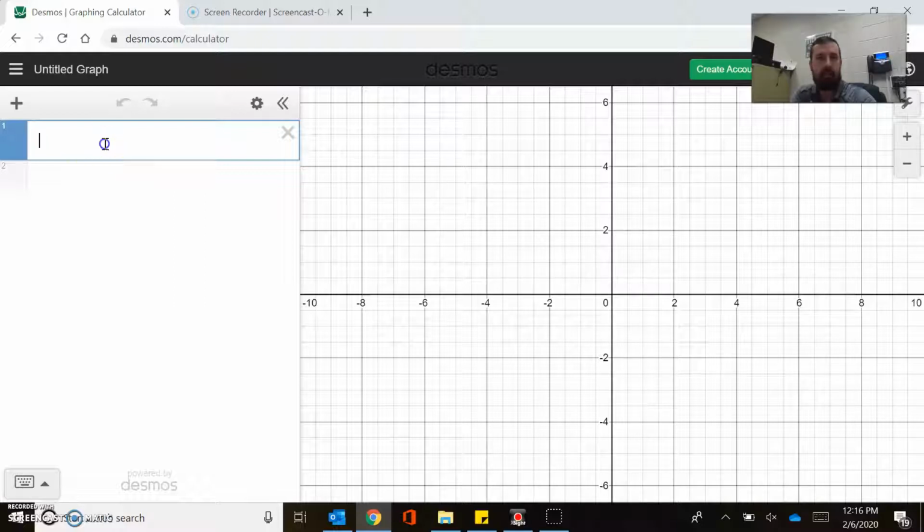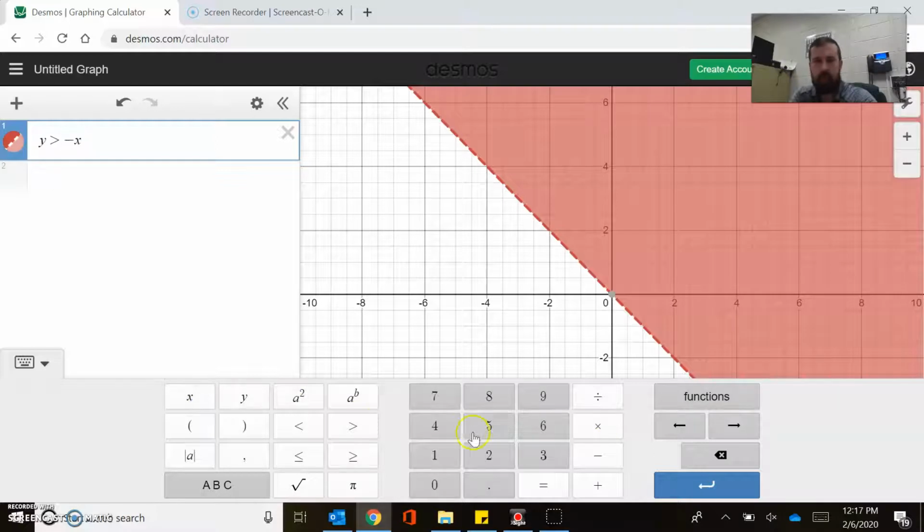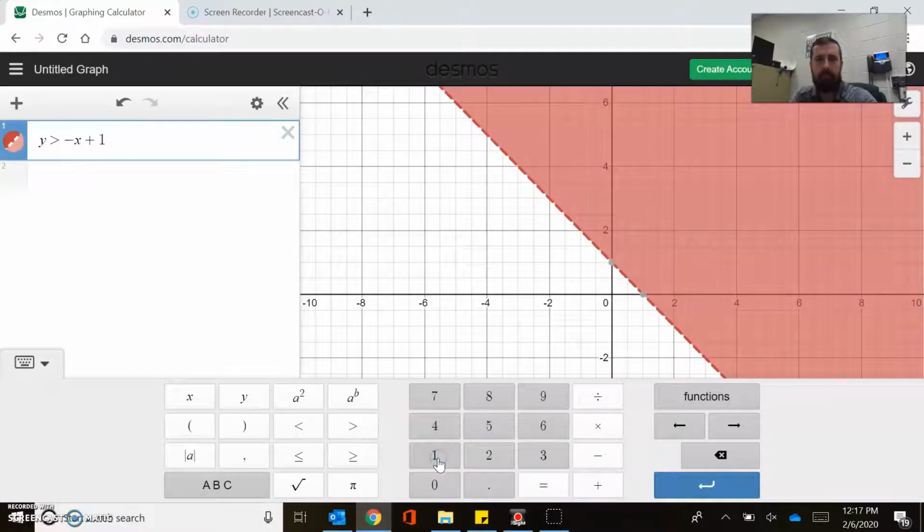I'm going to go ahead and put it in here on the Desmos. I'm going to put y is greater than negative x plus 1. Notice it graphs our equation right there. Go down here to the next one.